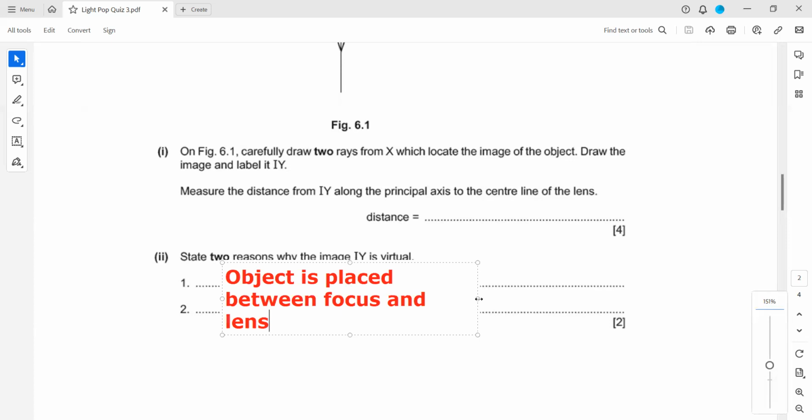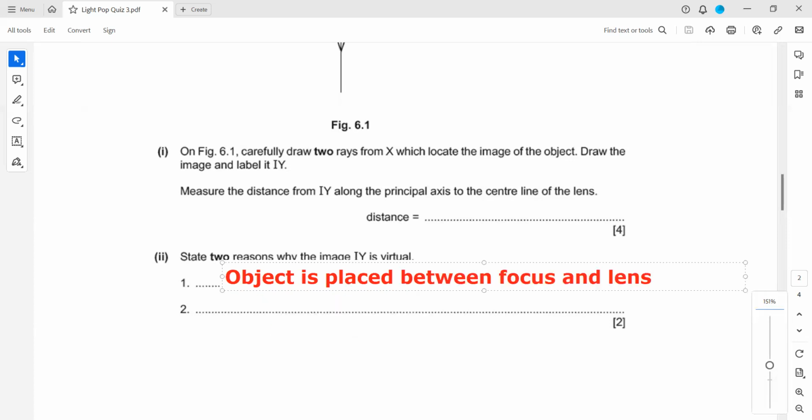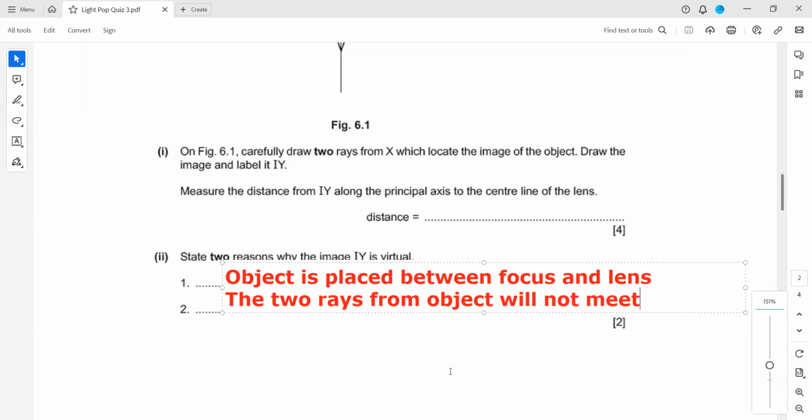The two rays will not meet or intersect by themselves. That's why.